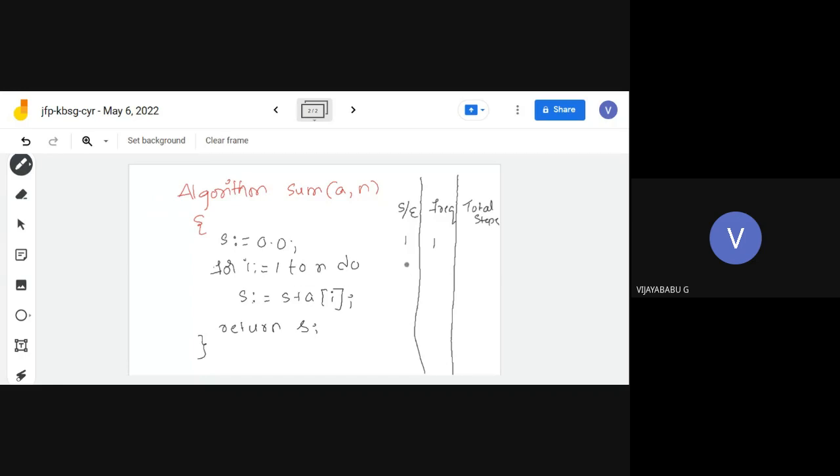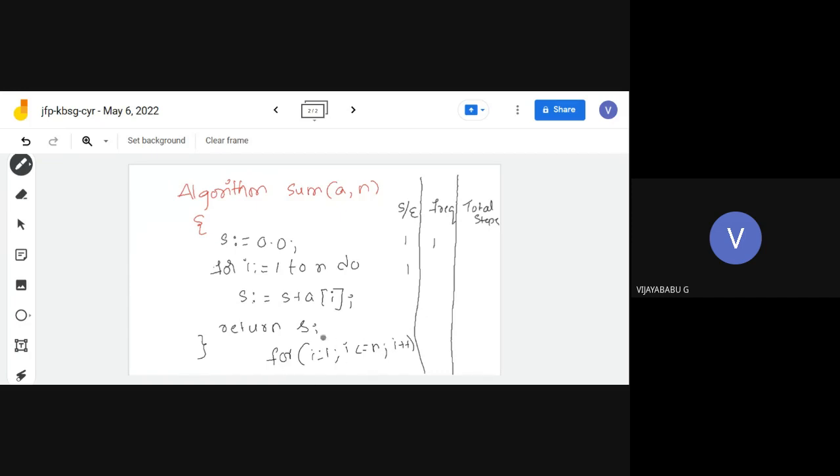How many statements here? This is one only. So steps for execution is one, and how many number of times is it going to be executed? We can write this in program code as for i is equal to 1, i less than or equal to n, i plus plus. Okay, so this is the statement.